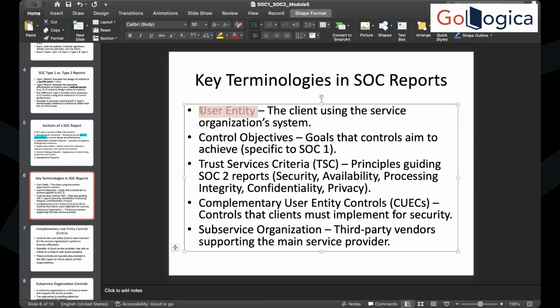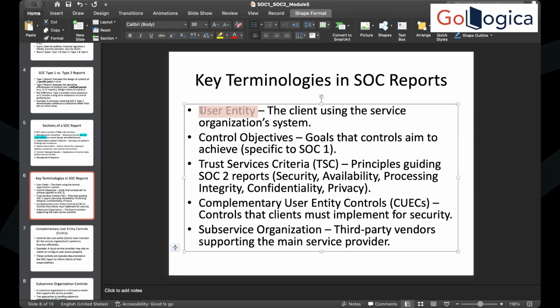Shellman is issuing me the report, right? Why is it going to use my report? Apple. Apple is my user entity. They will use my report.